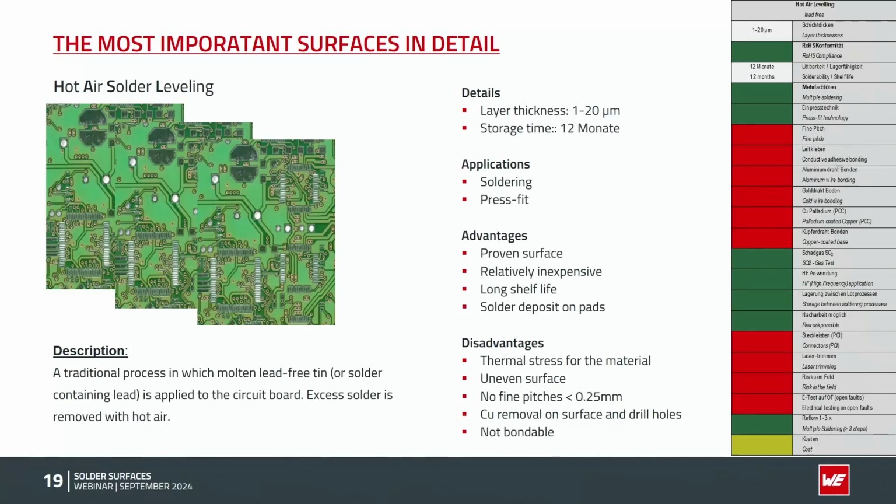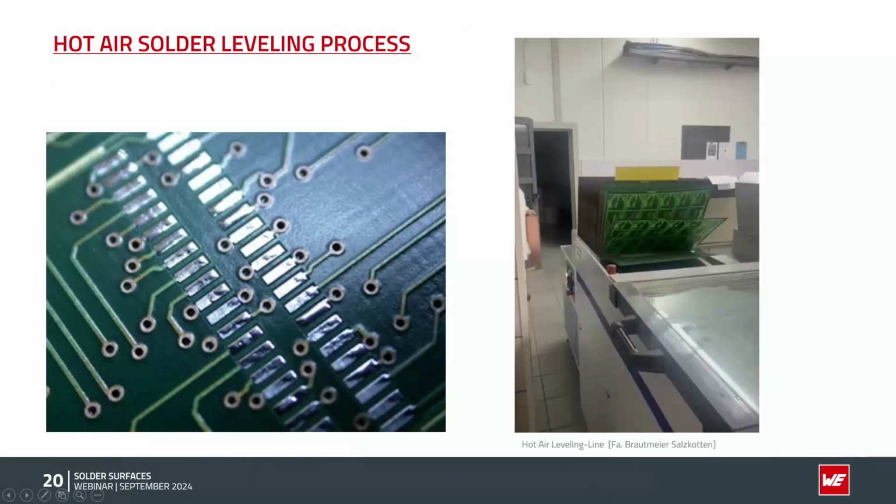So let's have a look at the process. On the left side you can see a typical picture of a hot air solder leveling surface. You can see the solder humps at some parts of the pads, so that's absolutely typical for this surface.